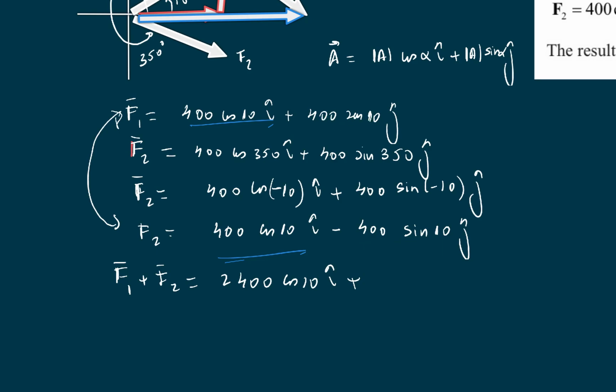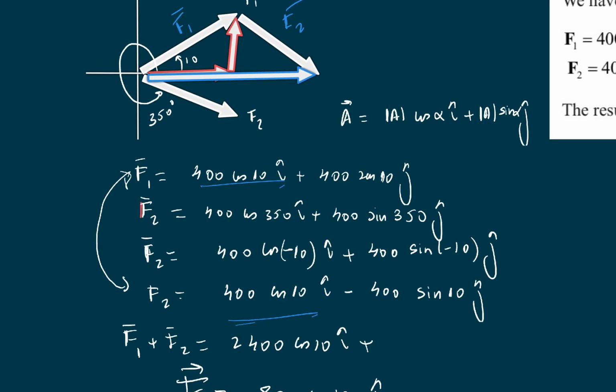This is 0. So the result of F1 plus F2 is 800 cosine of 10 i. This is the total force acting on the body, F total, F1 plus F2. And what is cosine of 10? You go to the calculator and multiply by 800, and that will be the length of the sum.